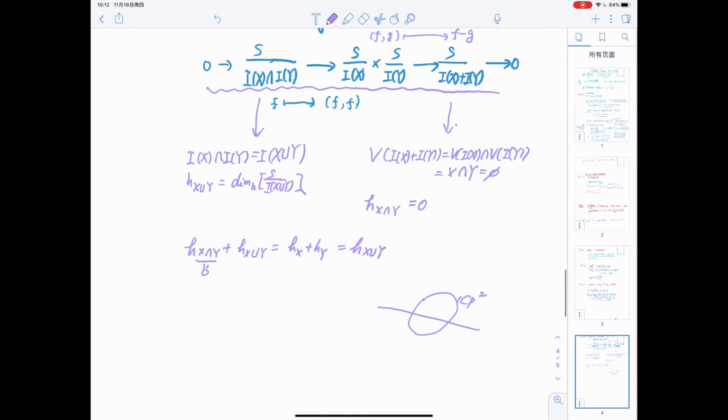Roughly, general encodes the condition that you do not want the hyperplane to contain the curve, and you also do not want it to be tangent to the curve.